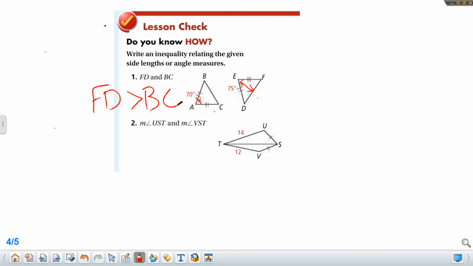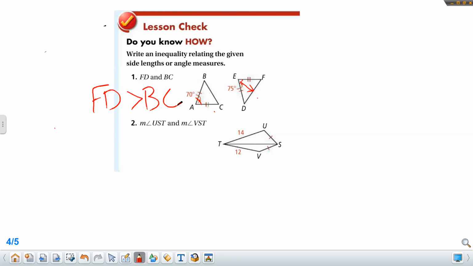This is number one. Number two: which of the two angles, UST and VST, is greater? First, search for two sides of one triangle congruent to corresponding sides in the other triangle.